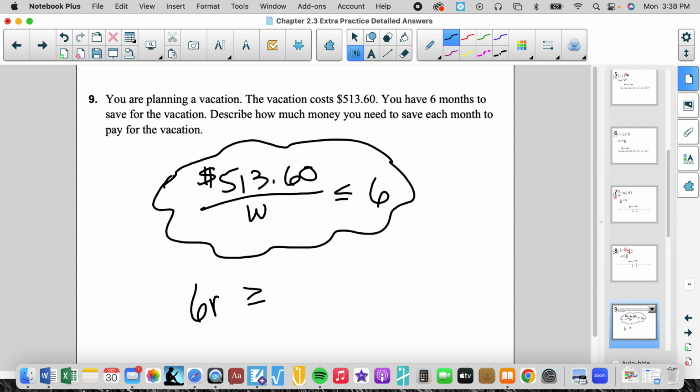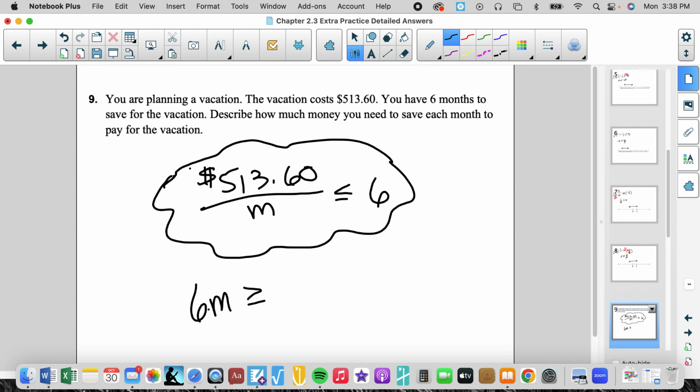How much money you need to save per week. We probably wouldn't use W, because weeks is 6. M, money, how much money? Yeah, so that actually probably wouldn't have done this first one. Probably would be 6 times the amount of money you want to save per week or months.